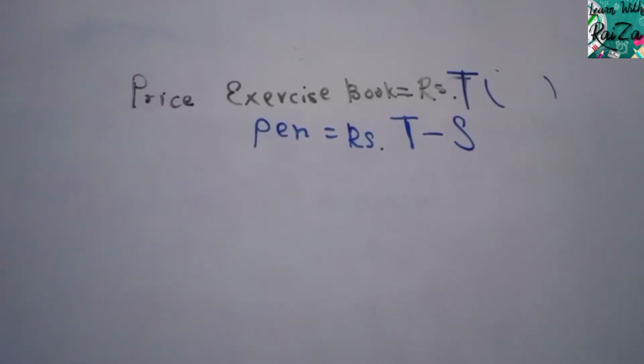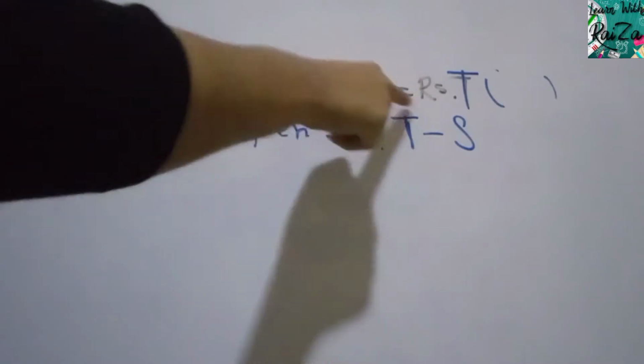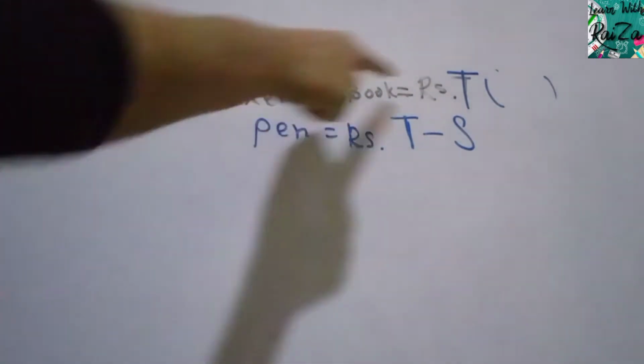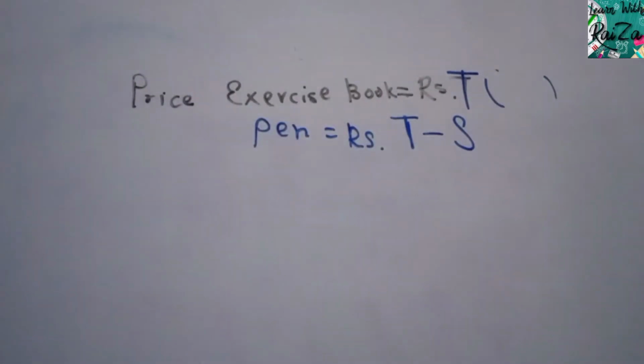So if they ask you to construct the formula in terms of T and S, this is the way of doing that. S should be subtracted from the real price of the exercise book, that is T: rupees S less than T. So this is one simple equation that can be built on the given information.